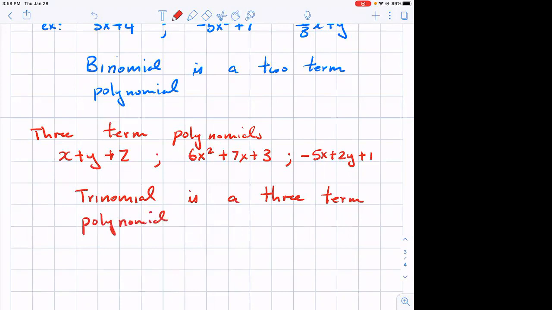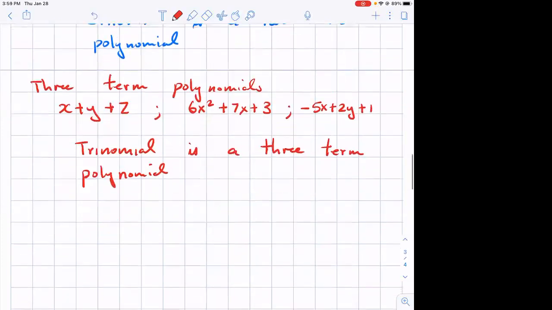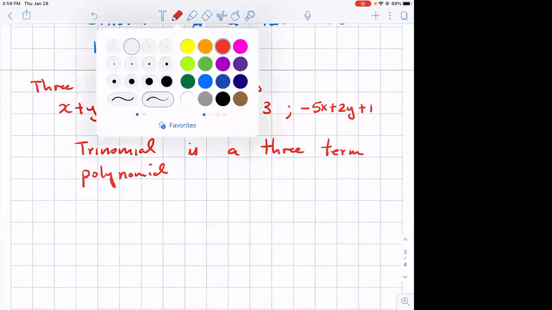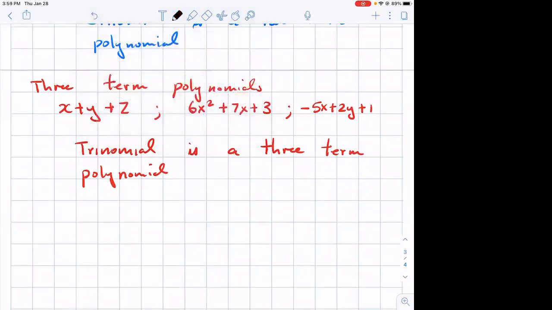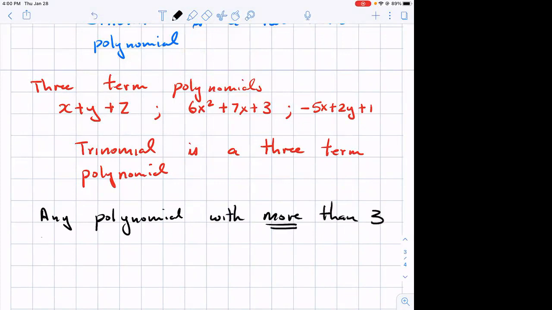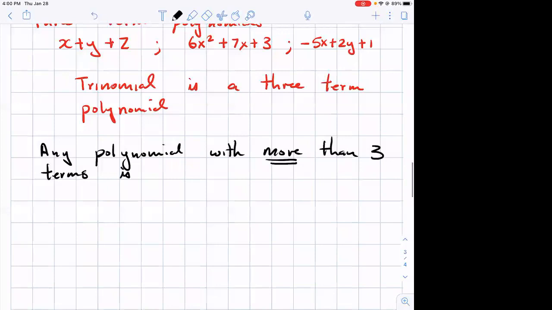Now from here, if it has four terms, 5 terms, 6 terms, or anything greater than 3, any polynomials with more than 3 terms is called a polynomial.